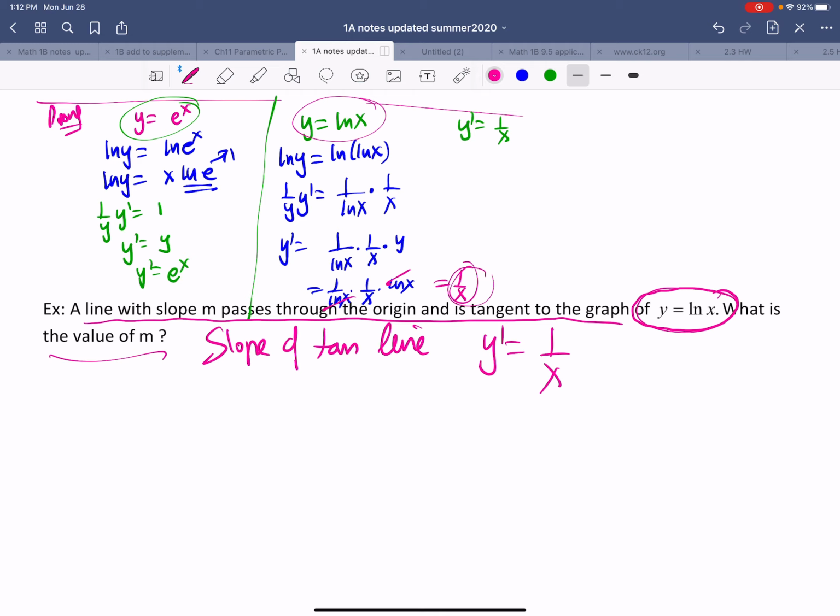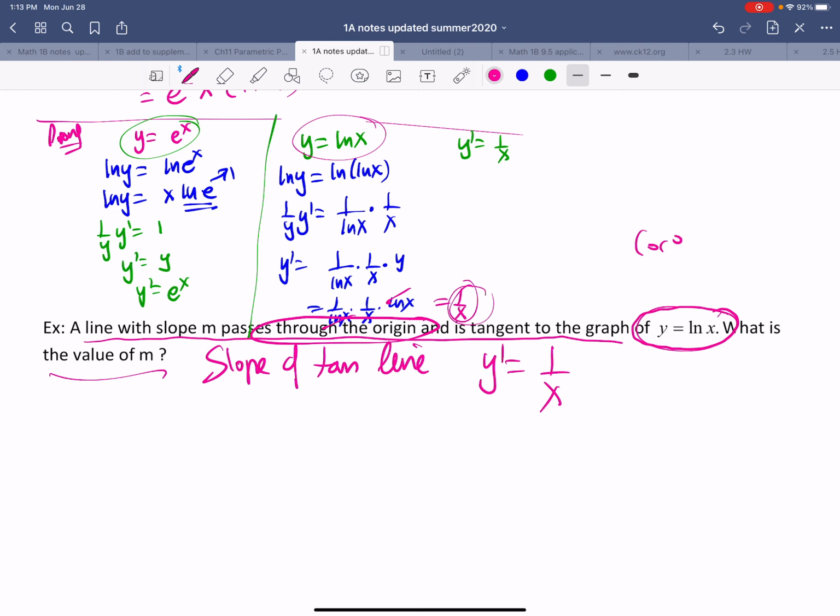So what is the point here? Y is natural log of x, and the line passes through the origin, which means it goes through the point 0, 0.